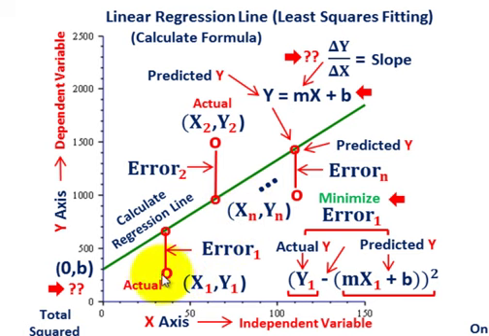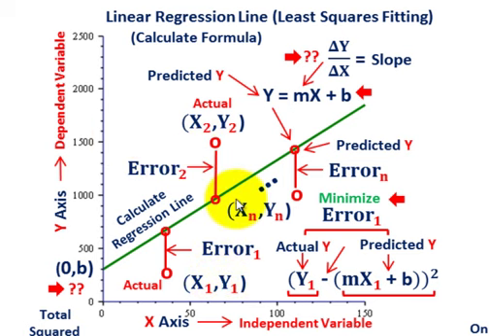Let's just look at our first point. Our actual first point would be an x1, y1 value. So it can have some x value, and for the x value you're going to have an associated y value over here. That would be your first point, represented by x1, y1. Then you're going to have a second point, x2, y2, some y value and some x value.